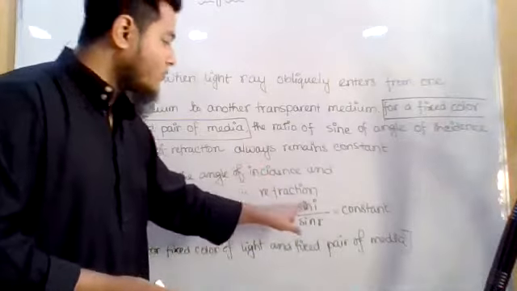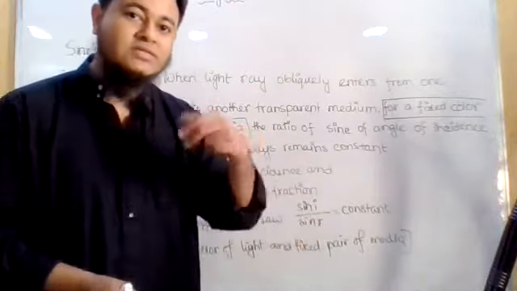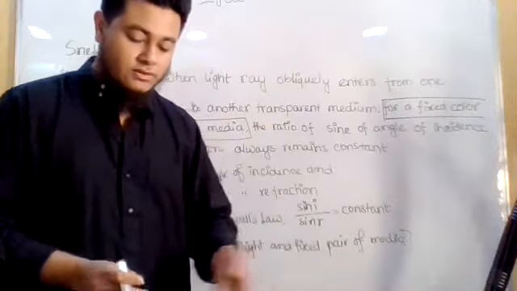You may change the value of i, that will result in a change in the value of r, but they will change in such a way that the ratio always remains unchanged. Okay, you understand?